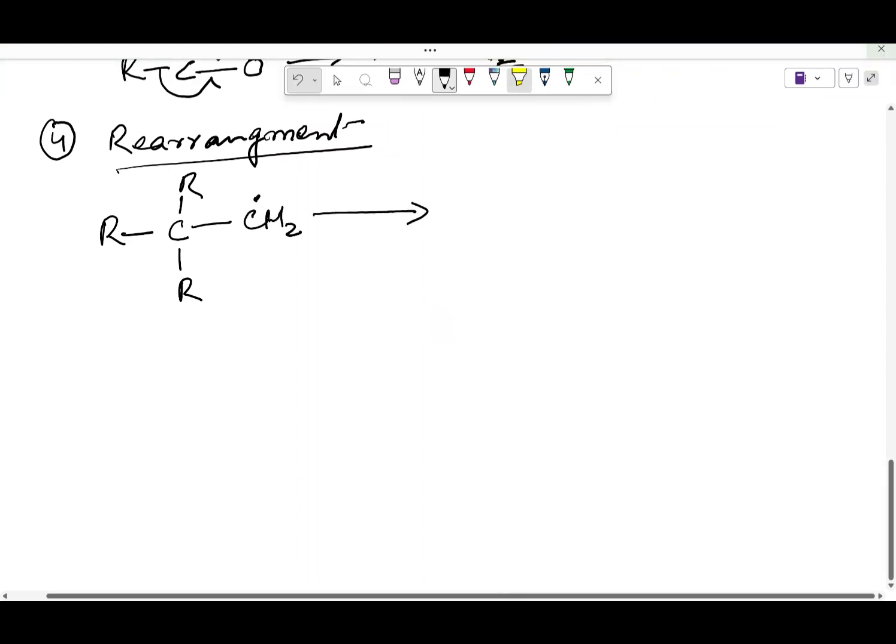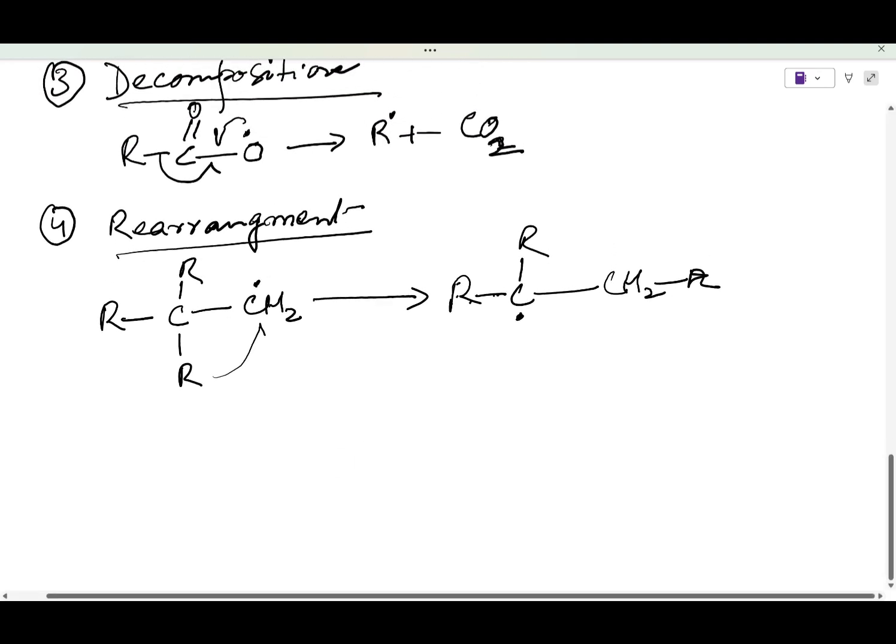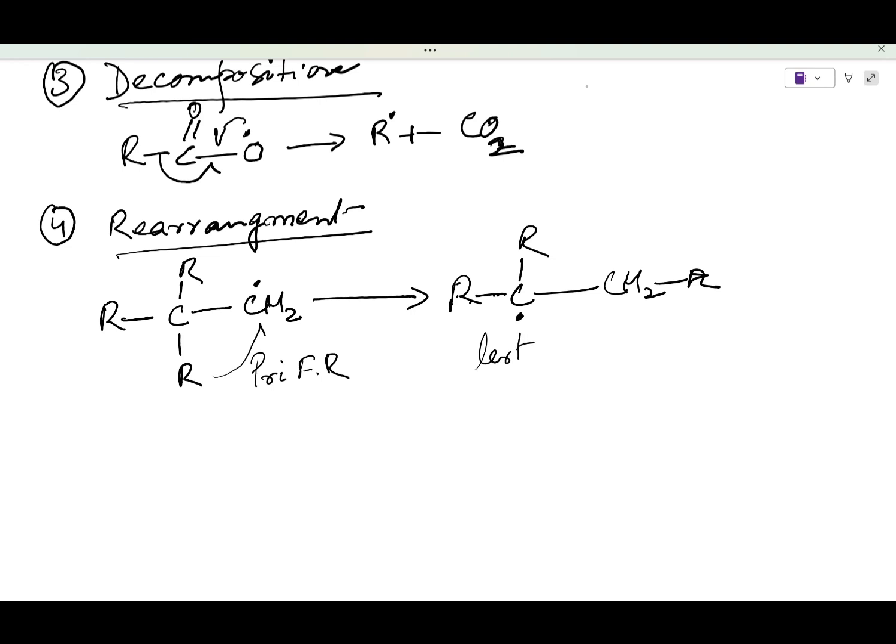And here, in this case, this may go over here, and you are getting this type of free radical formed. Now you see it is a primary free radical, and this is tertiary. And you know the tertiary free radical is more stable than the primary one. That's why the process undergoes the rearrangement.